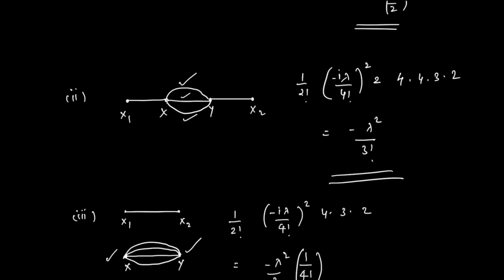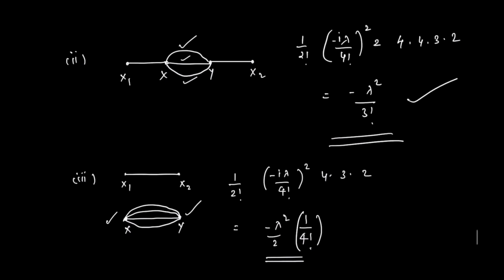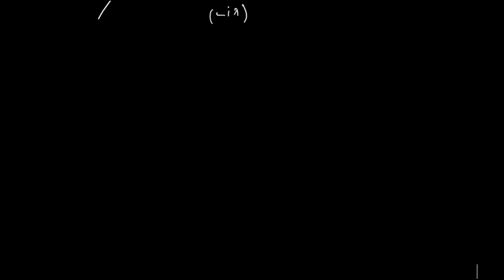So there are 3 symmetric legs which can be interchanged, and therefore we have to divide by 3 factorial. So these rules for writing down the expressions from diagrams are called the Feynman rules. These are known as Feynman rules.